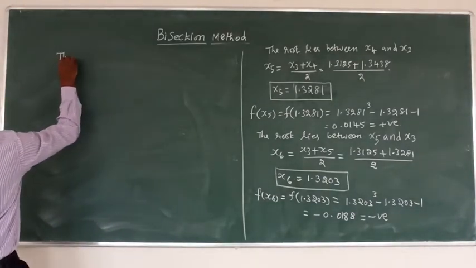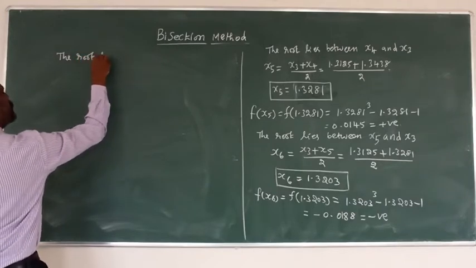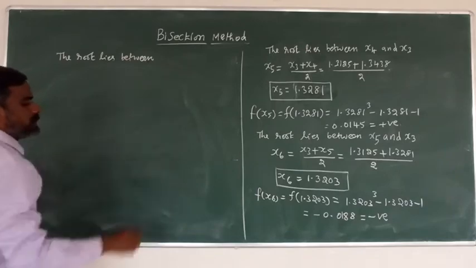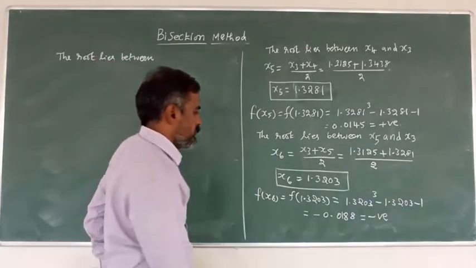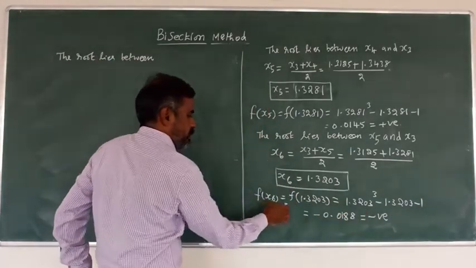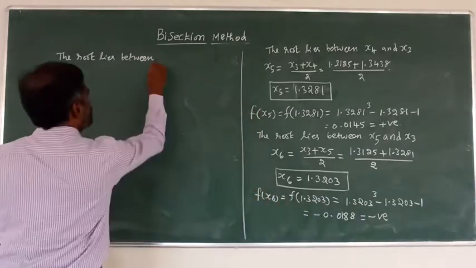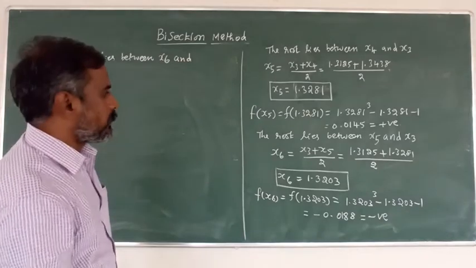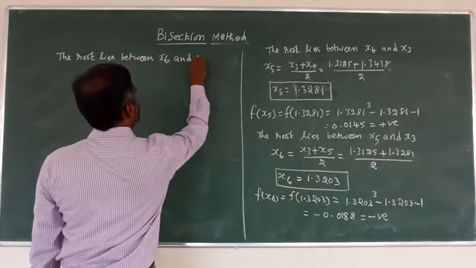Next, the root lies between one positive value and one negative value: the negative value x6 and the positive value x5.